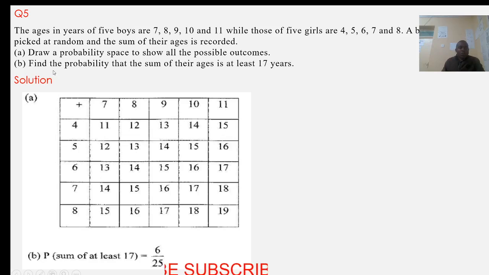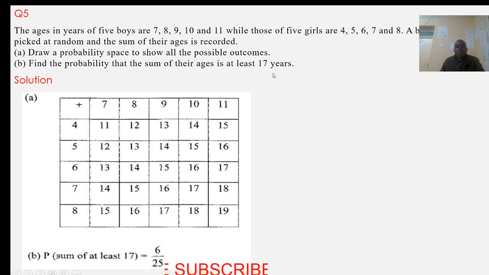And then we are asked to find the probability that the sum of their ages is at least 17. At least 17 means 17 is inclusive, so it's 17 and above.